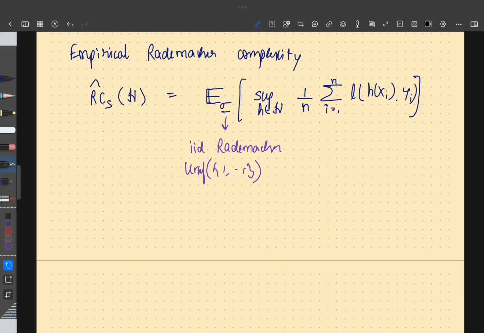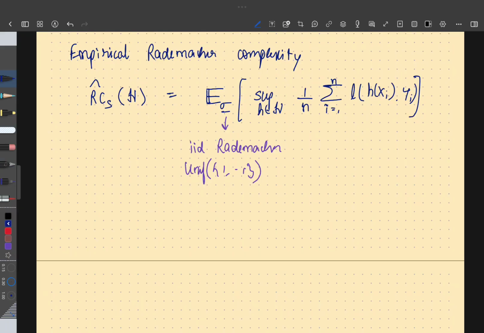Okay, so this is the definition of the empirical Rademacher complexity. This is a random variable which depends on the sample, but it's a complicated looking function, and there is also a new set of random variables.